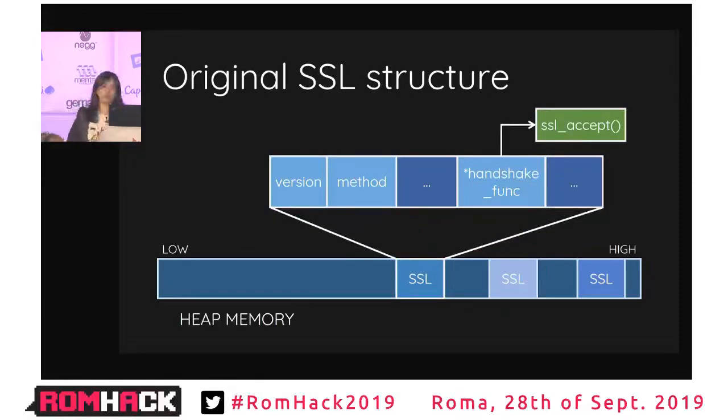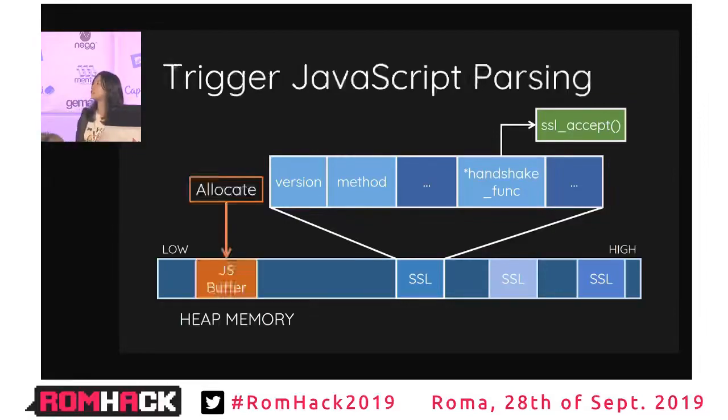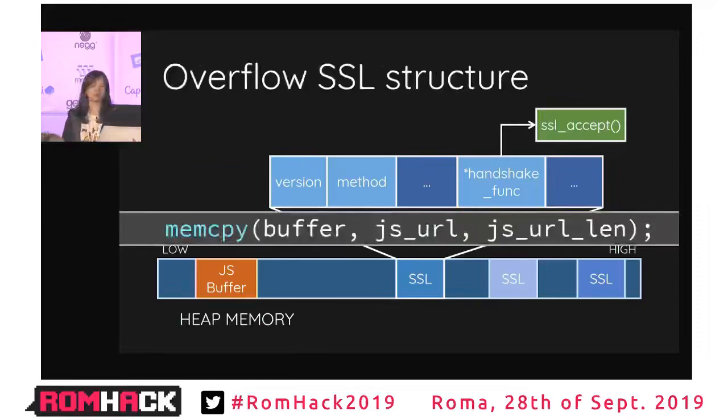And the function pointer is now pointing to SSL accept. Now if we trigger the JavaScript parsing, and the JavaScript buffer is allocated ahead of these SSL structures, then we can trigger the overflow and override the SSL structure's members, like this.